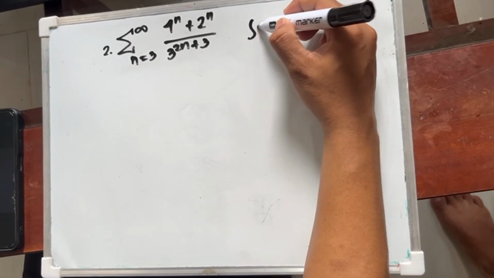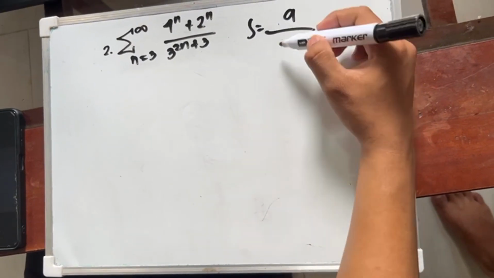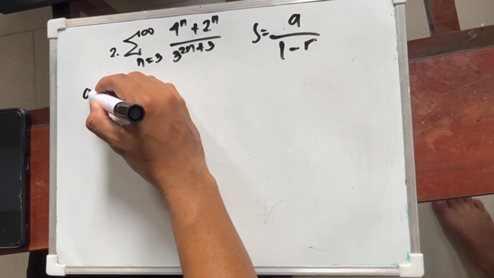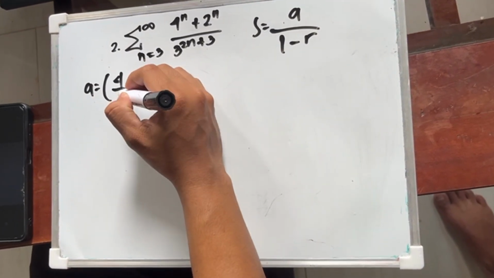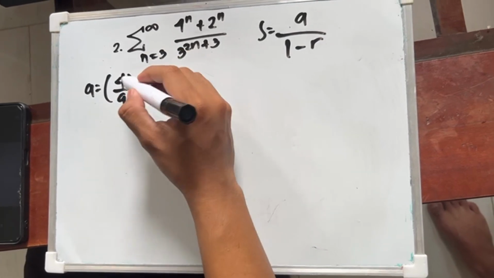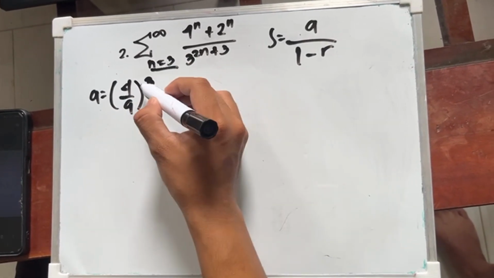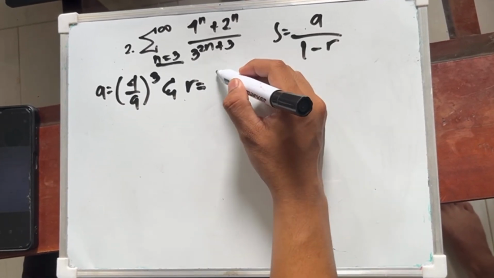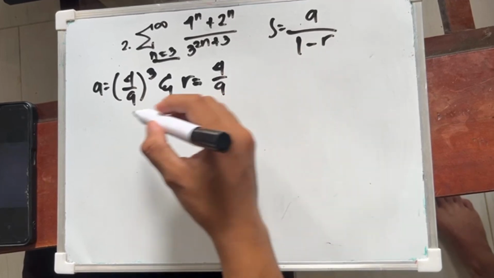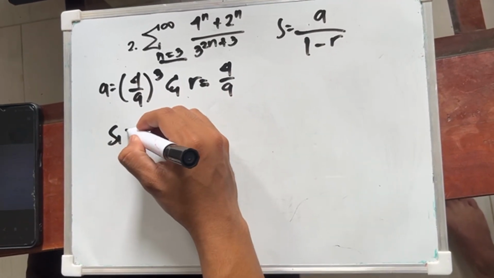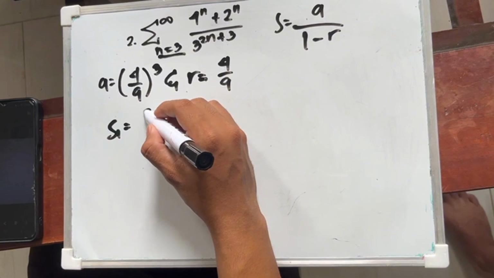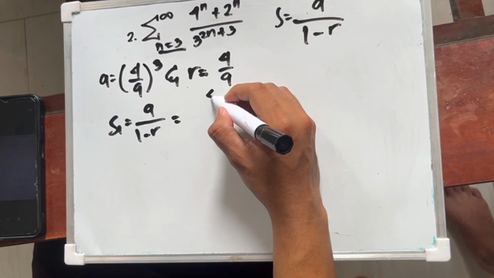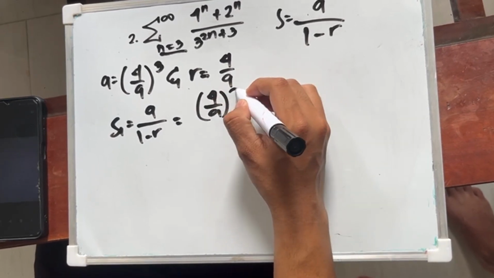Now, let's use the formula for the sum of an infinite geometric series. S equals a over 1 minus r. Substituting a equals 4 over 9 raised to 3 and r equals 4 over 9. So, S1 equals 4 over 9 raised to 3 over 1 minus 4 over 9.